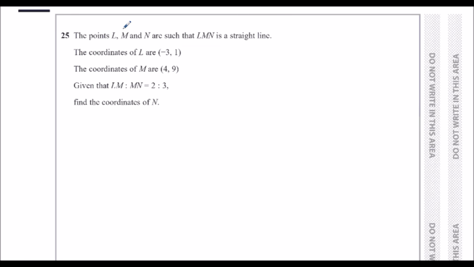Question 25. The points L, M, and N are such that L, M, N is a straight line. The coordinates of L are -3, 1. The coordinates of M are 4, 9. Given that the ratio of L to M to M to N is 2 to 3, find the coordinates of N. So we have a straight line, and on our straight line we have L at -3, 1.